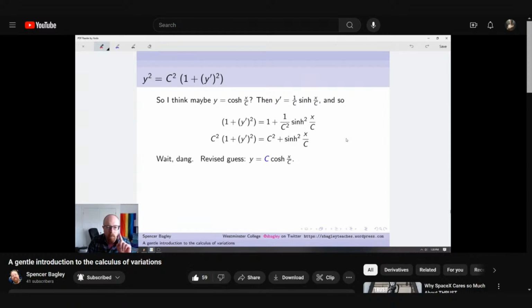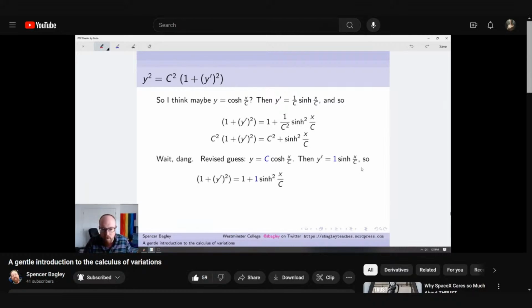What if I modify my guess slightly? If I had a c here, then this would die. And so then when I multiply by the c squared, I think I would get a c squared plus c squared. So here's my revised guess, and let's see if that works. Yeah, okay, y prime now is 1 instead of 1 over c times the sinh of x over c.